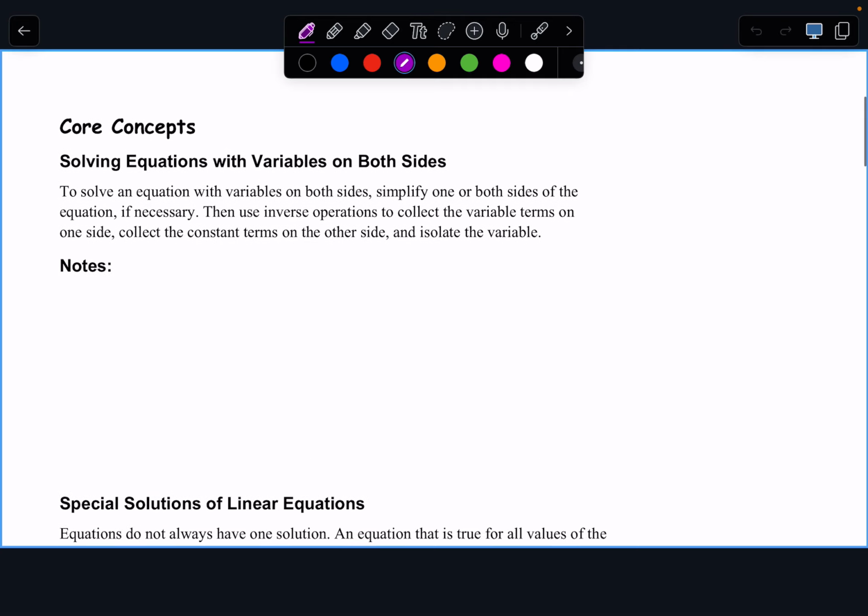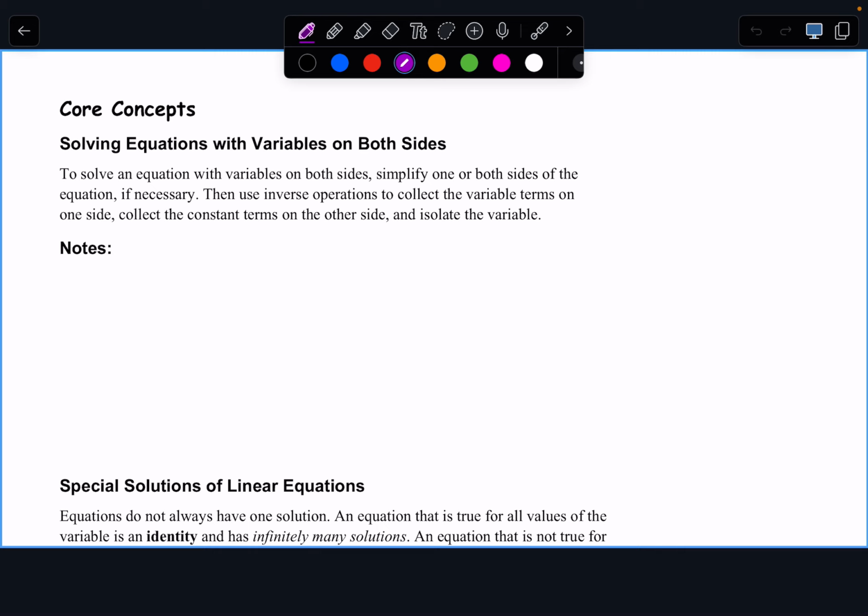Okay, so let me just remind you what our steps were. Our first step was to distribute, and you've written these down so you can decide if you need to write them down again or not. Our second step maybe would be to combine like terms.